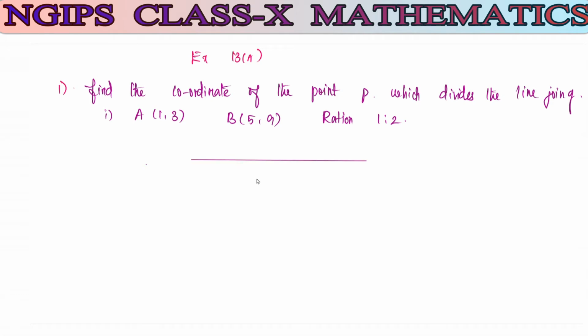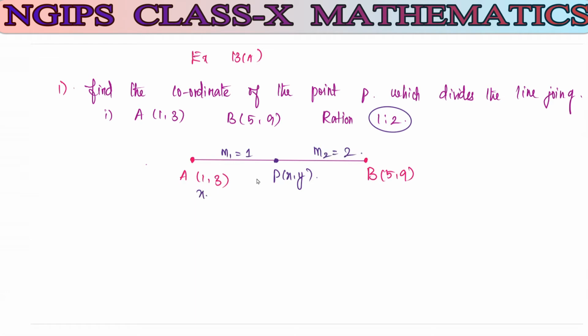Now we have drawn the line. Here this is point A, it is 1 comma 3, and here we have point B, which is 5 comma 9. P is a point which divides the line, P is x comma y, and these coordinates we need to find. The ratio is 1:2, so m1 is equal to 1 and m2 is equal to 2.